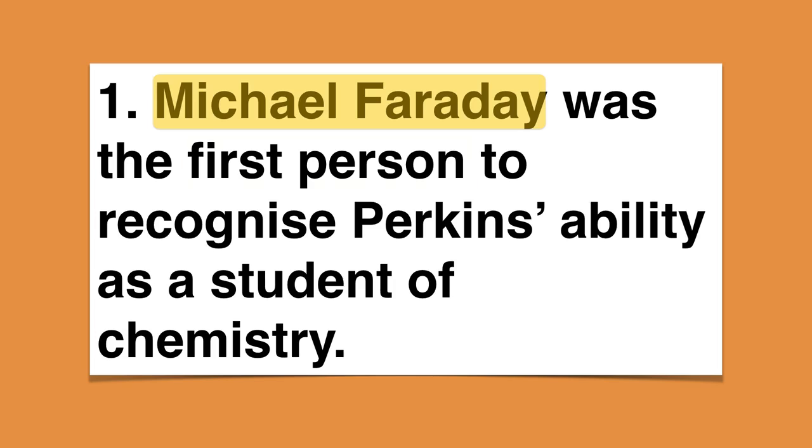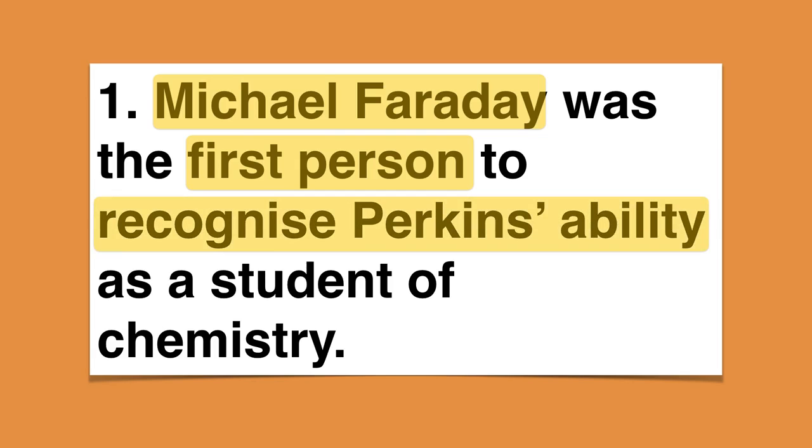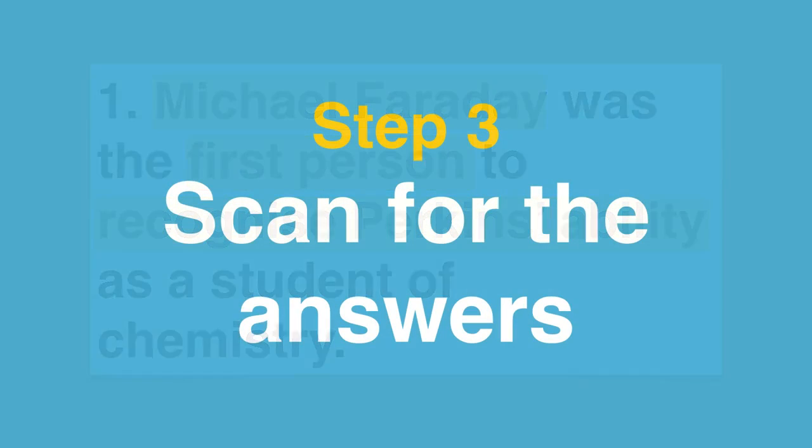I think "the first person" is a key word as well. And yes, "recognize Perkins' ability" is also key words. So who was the first person to recognize Perkins' ability? Was it Michael Faraday?